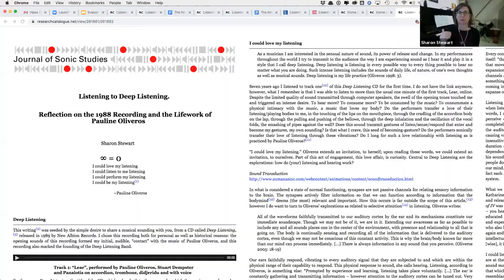So: I could love my listening, I could listen to me listening, I could perform my listening, and I could be my listening. While this was very poetic, and text that triggers thought, it also formed a structure. You can see I could love my listening is at the top of the first column.